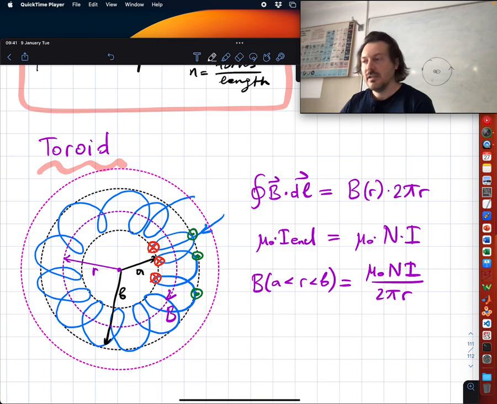I enclosed is 0, because for every I going in, there is I going out. So the magnetic field is 0 outside, and inside the hole as well. Why? Enclosed current is 0. There is no current going in or out.